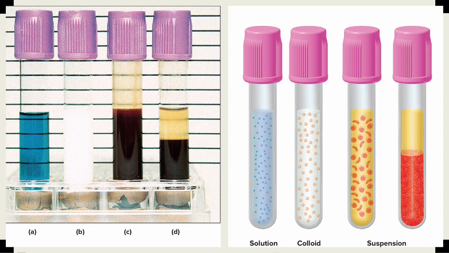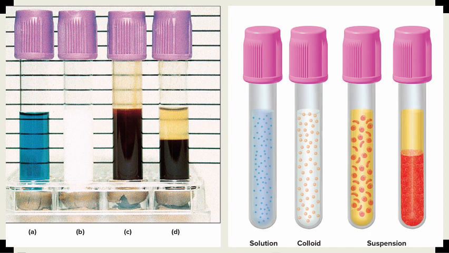If you look at the first test tube, both diagrams, those are solutions. If you look at A, it's blue. It's very evenly distributed, and you can completely see through it. That's a solution. So whatever was in there was completely dissolved. And if you look at the drawing, you can see that all the particles are evenly spread out, and they're staying in that water.